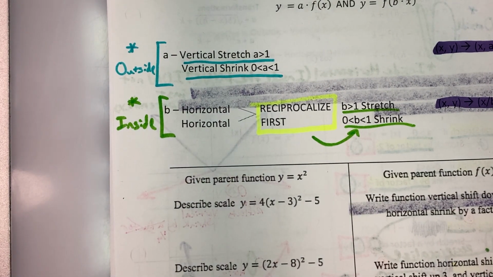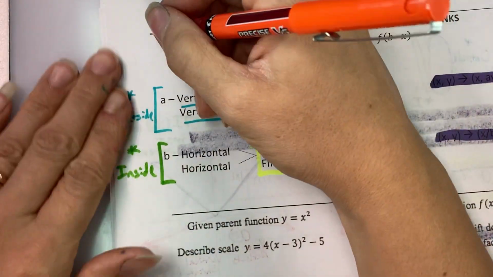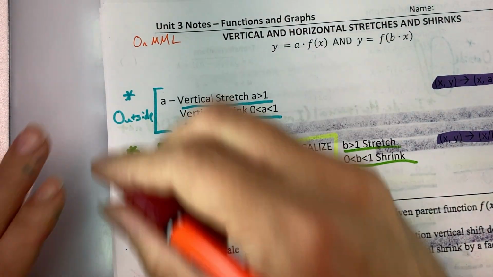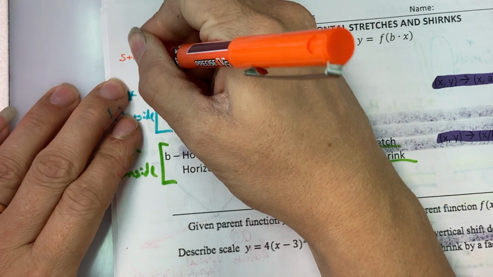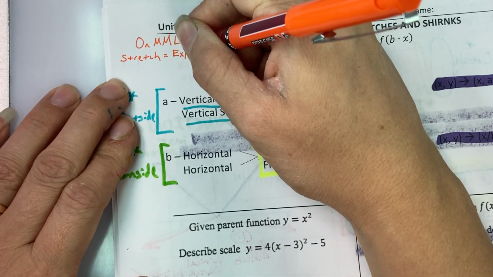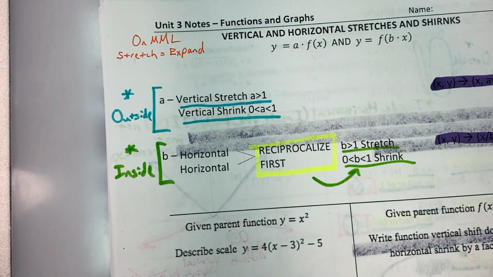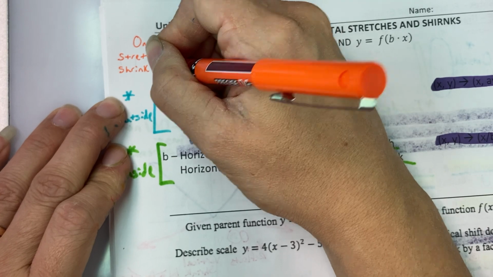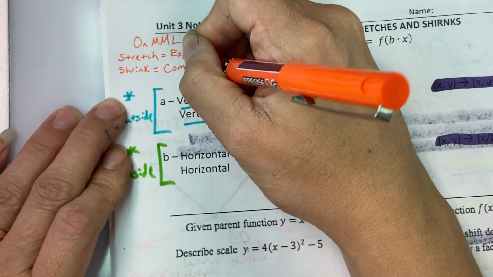Now, something to take note of is on my math lab, sometimes they will use slightly different notation. Sometimes stretch will be referred to as expand or expansion, and sometimes shrink will be referred to as compress or a compression.